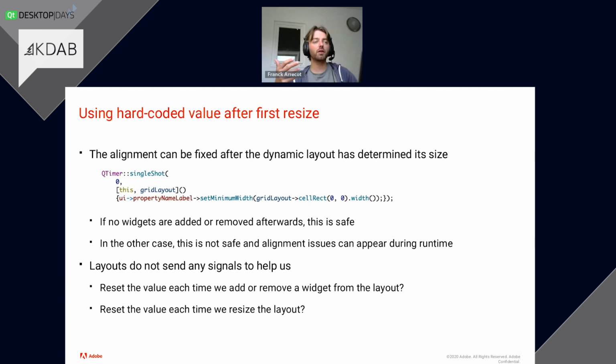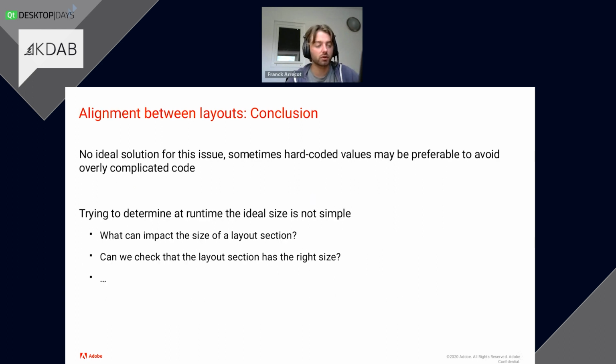So if you're adding or removing items from your layout, you cannot be notified, and you cannot adapt the width of your header with the content to make sure they match. So yeah, there is no ideal solution for that. That's one thing to know. There is no ideal solution, but we're going to see some stuff later on to make it better.